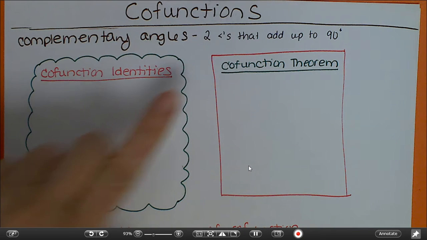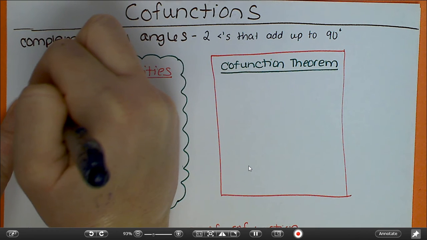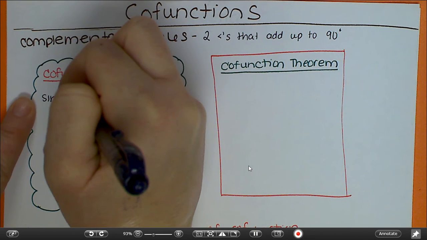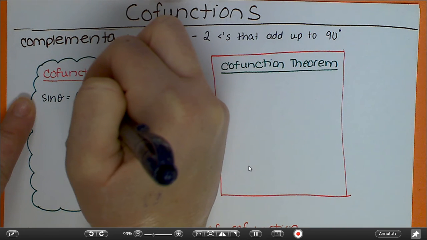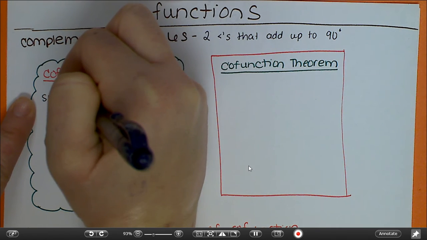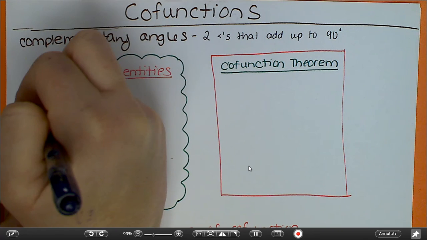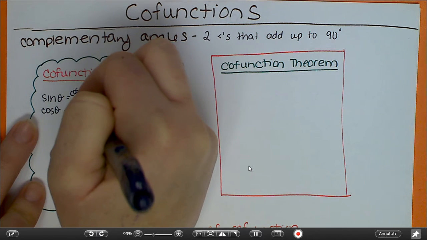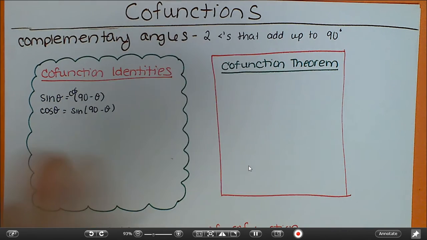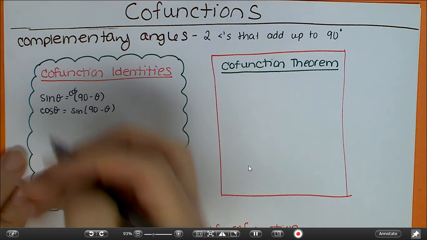The cofunction identities are sine theta equals cosine of 90 minus theta. Sine and cosine are cofunctions, which means that cosine theta is equal to sine of 90 minus theta. So whatever the angle is for sine, its complement is the one that goes for cosine.